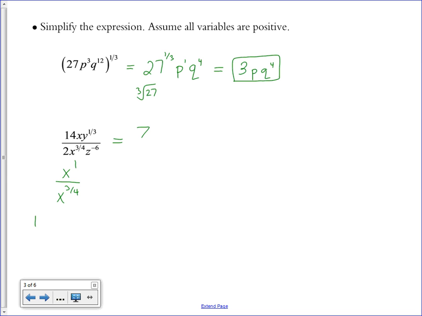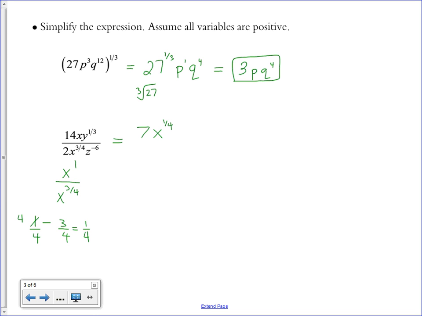So we're going to take 1, and we're going to subtract 3/4. We want to get a common denominator, so we're going to need to put this over 4, which means the top is becoming 4 as well. So 4 over 4 is like saying 1. And so when we subtract, it's going to be 1/4. That'll be our new exponent on the x. So 7, x to the 1/4 power.